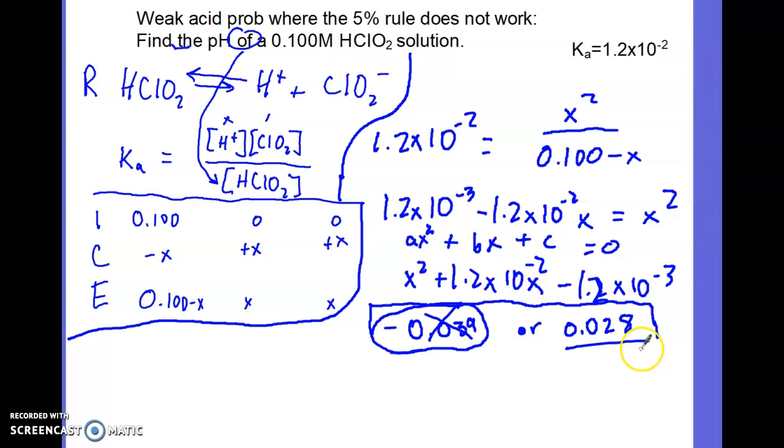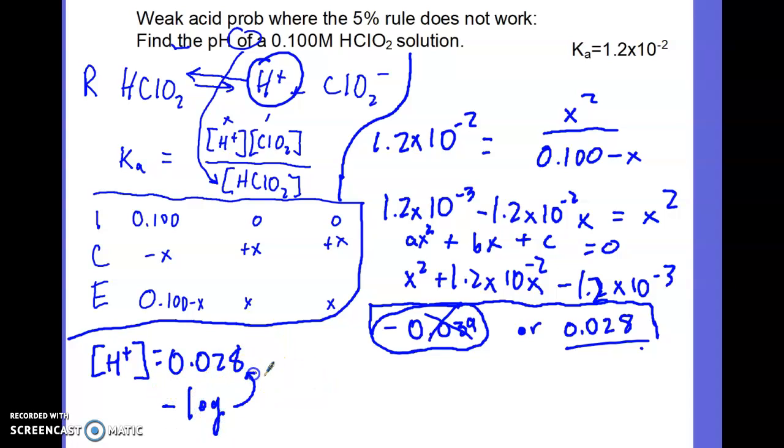So that's your H plus concentration: 0.028. And now we want the pH. We want to take the minus log of this.